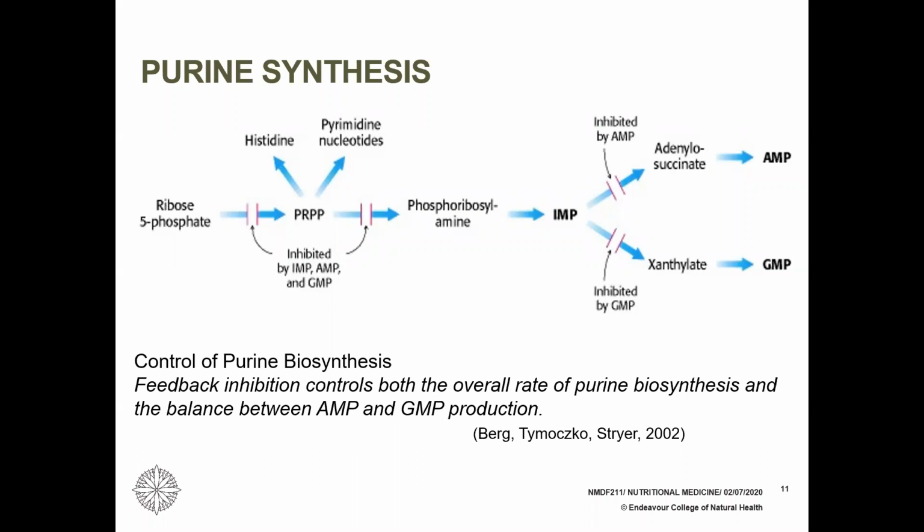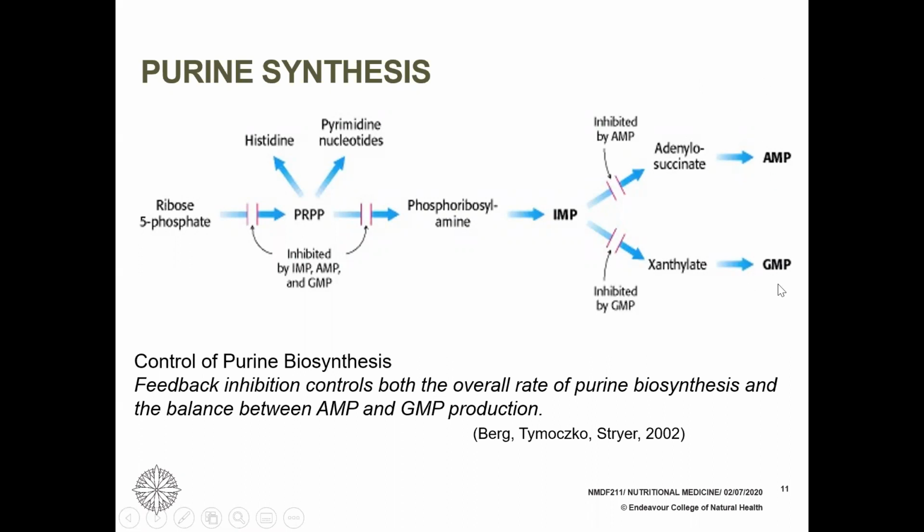Okay. Then there's one more point. We are not going into detail about the salvage pathway. However, just a small mention that salvage also means that the body does not want excess of these accumulating anywhere.